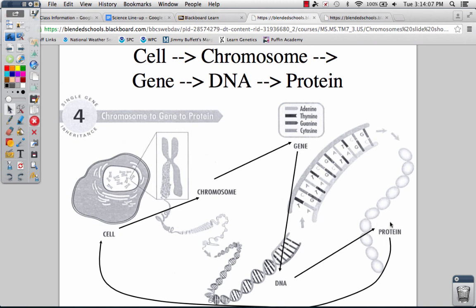DNA provides the instructions for proteins, and proteins build cells. So that's how this whole thing goes together. Once again, the cell contains chromosomes. Chromosomes carry the genes. The genes are large segments of DNA. The DNA provides instructions to make proteins, and the proteins build the cells.